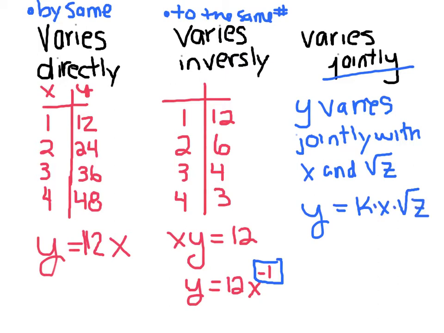So jointly is kind of like saying directly, but you just multiply more than one thing. That is all your notes for today. I'm just going to give you some examples.